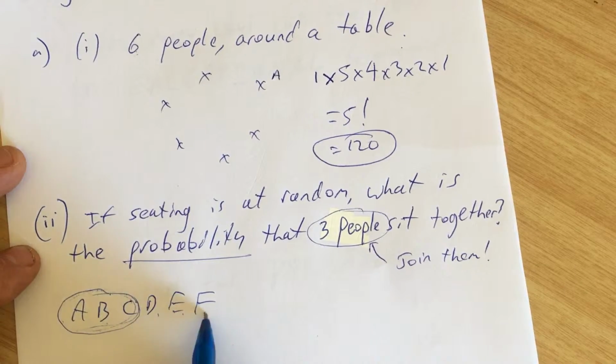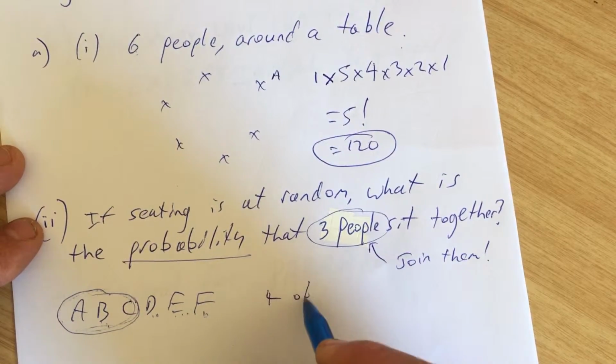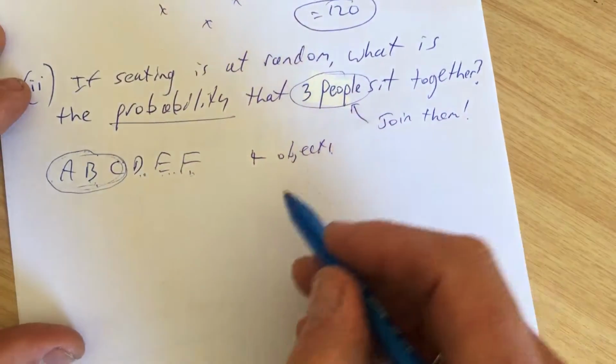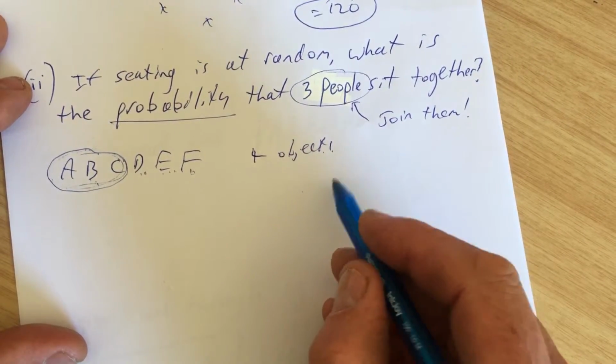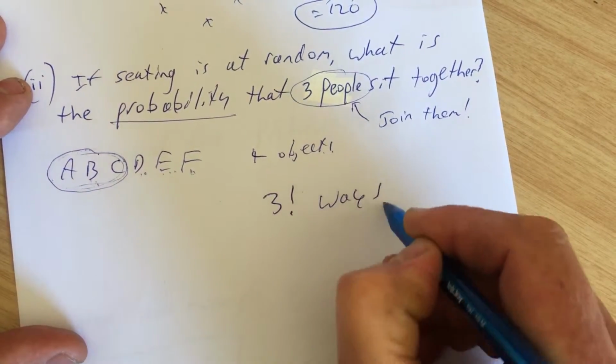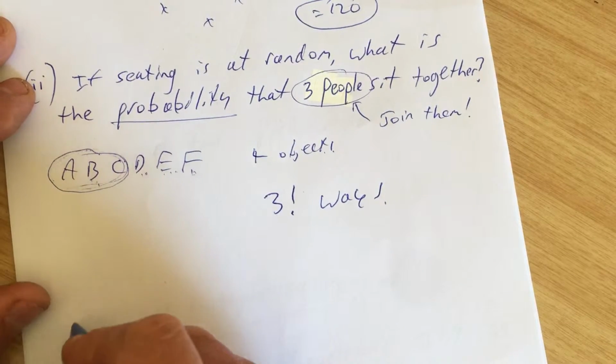So how many objects do we have? 1, 2, 3, 4. We have 4 objects, and seat them around a table. Now, if you're sitting 4 things around a circular table, you can do that in 3 factorial ways. Okay, that's fair enough. Now, what about within the group?